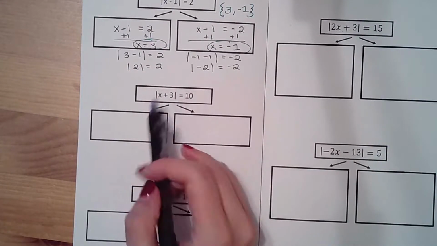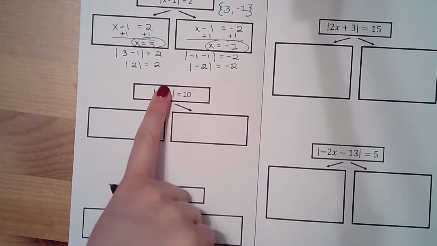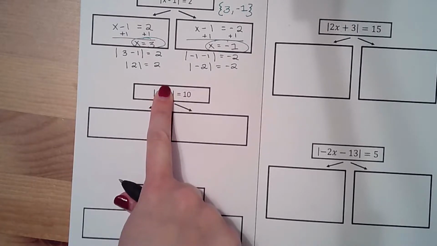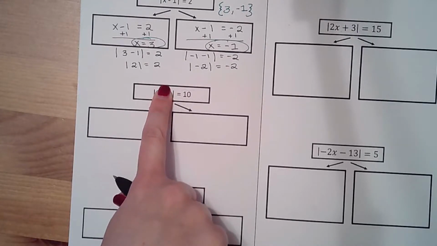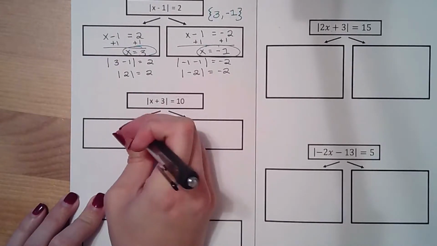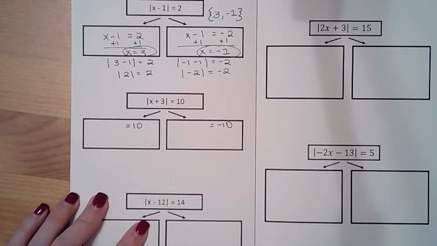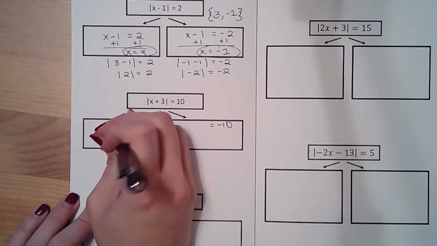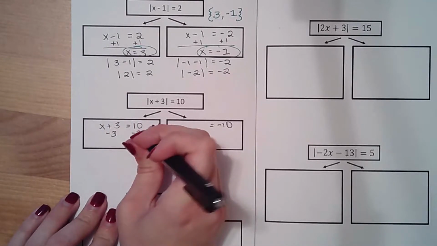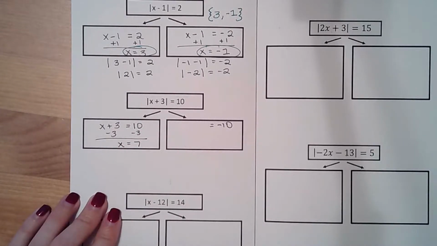All right, for our second one, the absolute value of x plus 3 equals 10. That means this stuff inside my absolute value bars has a distance of 10 from 0. So my 2 possibilities are that that stuff equals positive 10 or it equals negative 10. So if x plus 3 equals positive 10, I would subtract 3 on both sides. x is equal to 7.